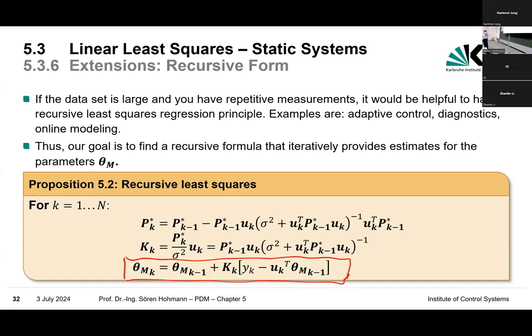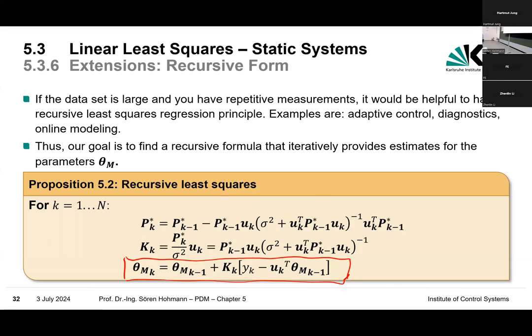This is also interesting because there is no matrix which has to be inverted, neither here nor there. The only things which remain are matrix multiplications and matrix vector multiplications. This is from a computational point of view, sometimes beneficial if you have new systems. Not always, it depends a little bit on the practical situation.